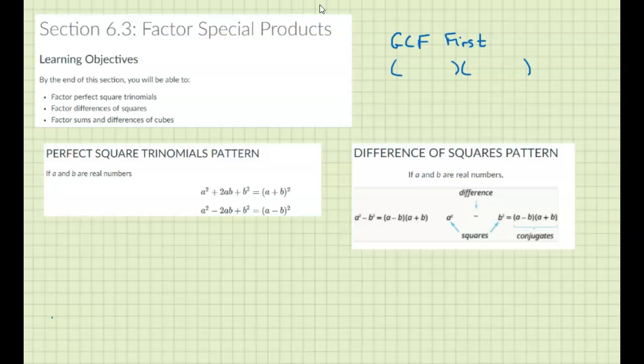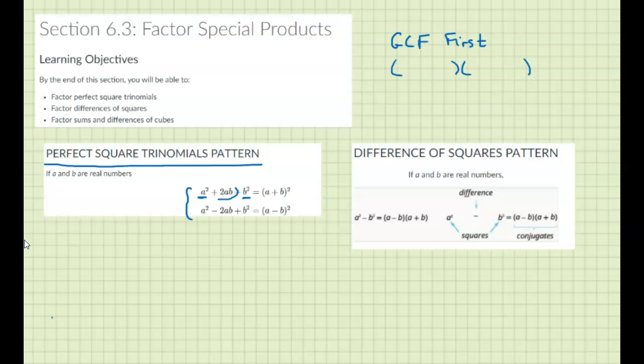The patterns we're looking for, one is the perfect square trinomial. What we're looking for here is trinomials of this kind. The first and the last are perfect squares, and they can be perfect squares with numbers and variables.